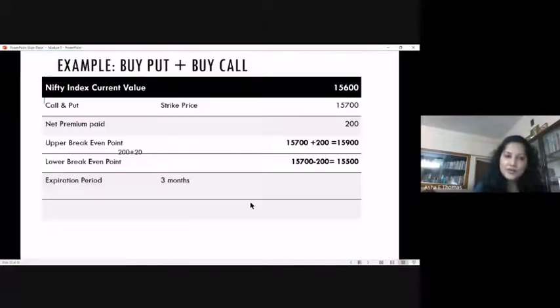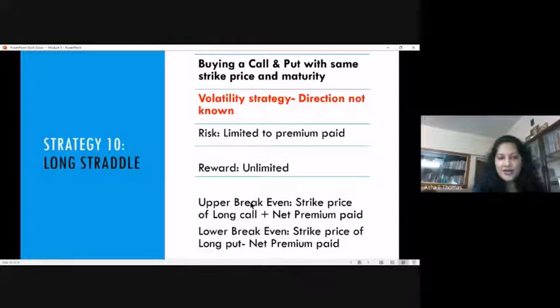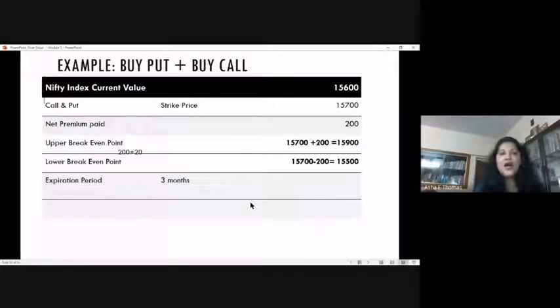Okay. The next one which we learned was long straddle, where the market is swinging like this. You don't know where it is going to fix. So you will take a safer position this side and this side. That is why you will buy a put and you will buy a call. You will exercise it depending on where the market fixes, right?